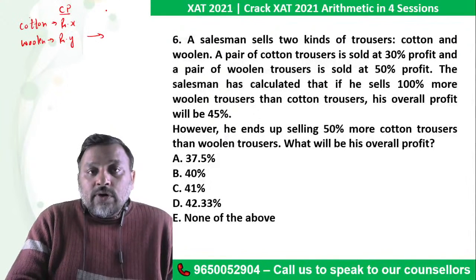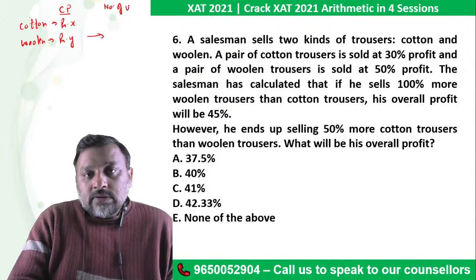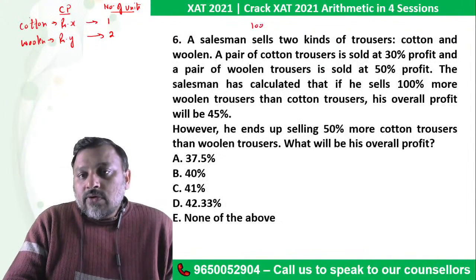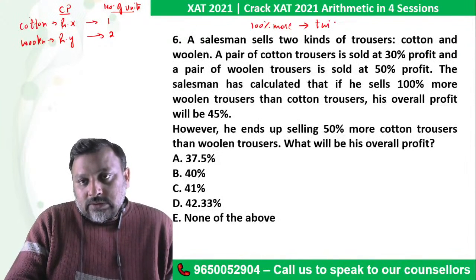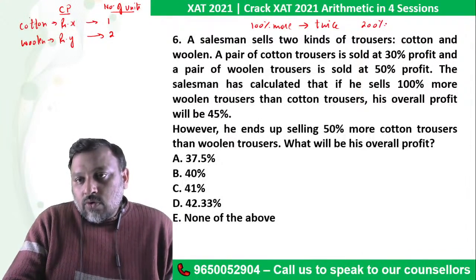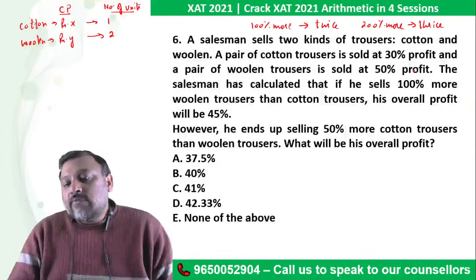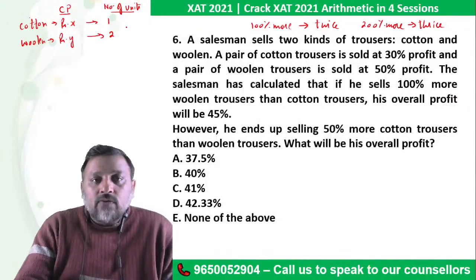So number of units, if I say cotton is 1, so इससे 100% ज़्यादा, that means 100% more mean twice. Okay, 100% more, this means twice. 200% more means thrice. And similarly 300% more means 4 times.